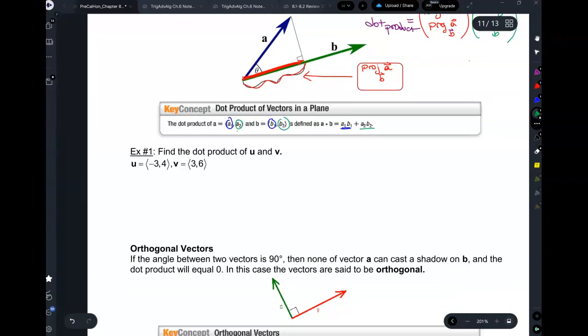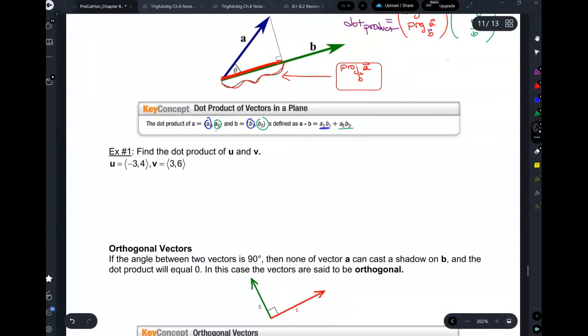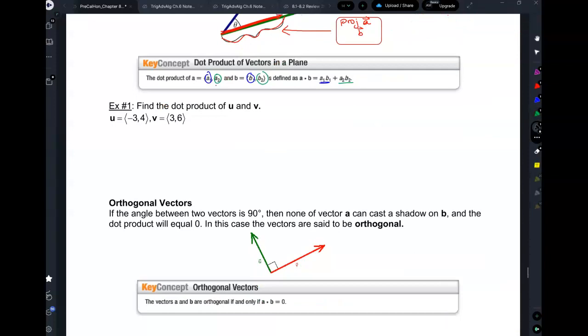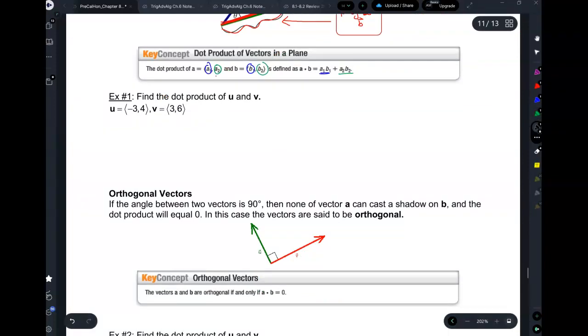So it's very, very simple. So let's take a look at this one. Here you have U and V. So U dot V is going to be negative 3 times 3 plus, always plus, 4 times 6.